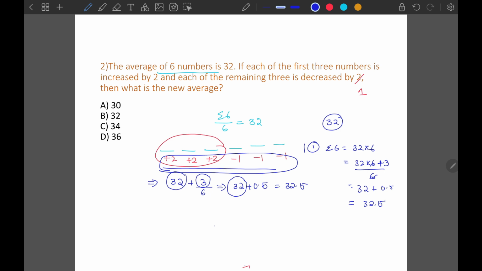We need to distribute that change among all observations, right? Since the net change is positive, we are adding it to the mean. This is the usual procedure. For bigger numbers, it may appear a bit difficult, so try to use this approach.